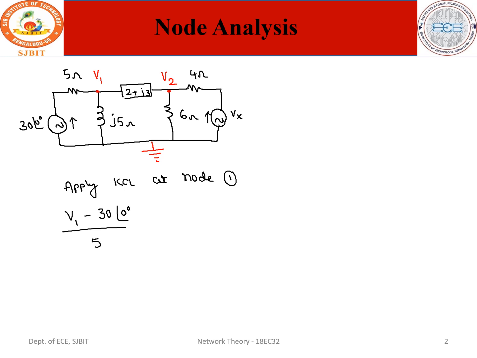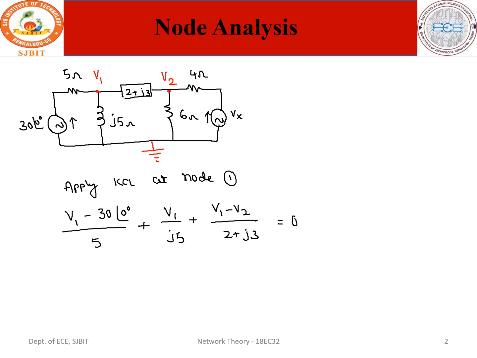Therefore, V1 minus 30 at an angle 0 divided by 5, plus what is the current flowing through this branch? It is V1 by J5, plus the current flowing through this branch, V1 minus V2 divided by 2 plus J3, is equal to 0.